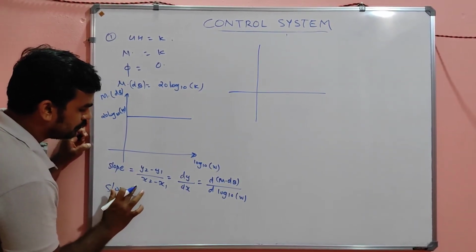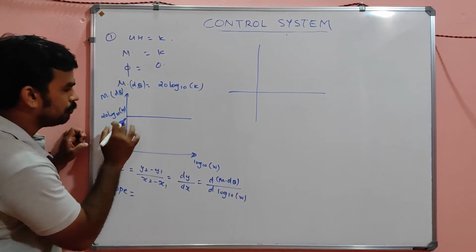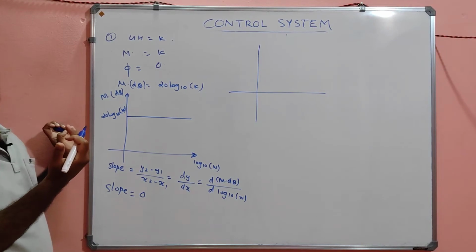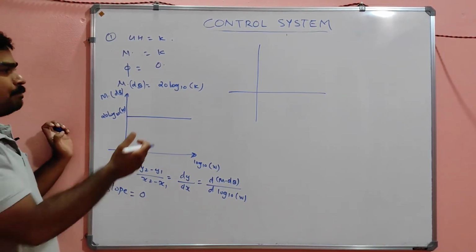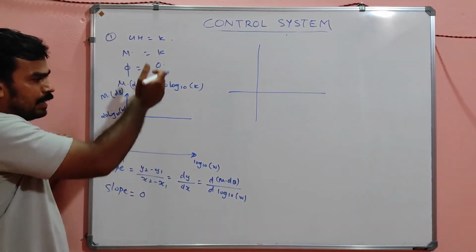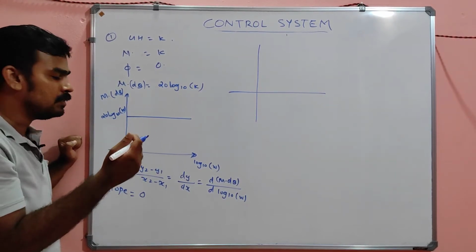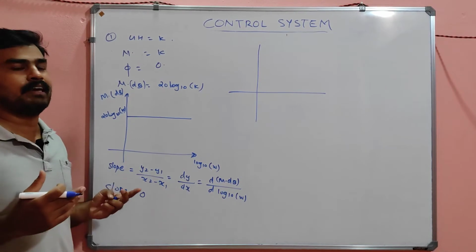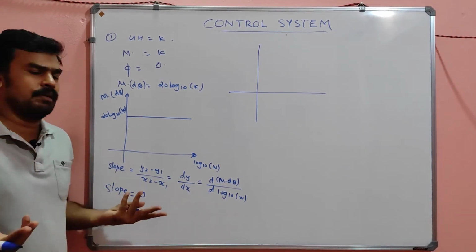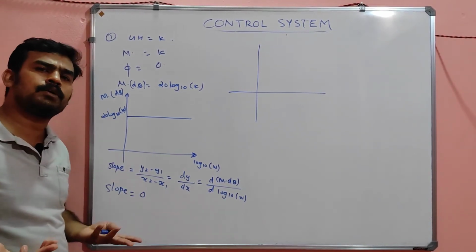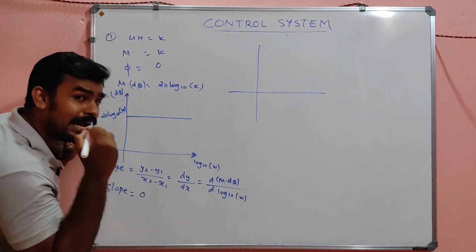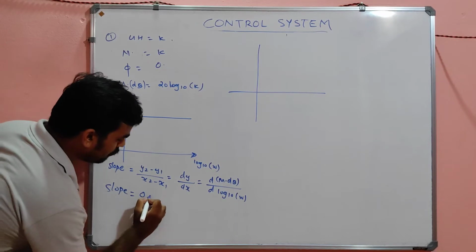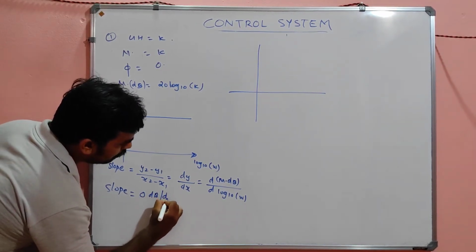There is no slope. It is a constant line, so there is no slope. Suppose the line is parallel to the y-axis, then slope will be infinity. Parallel to the x-axis means there is no change in y-coordinate, so 0 by something is nothing but 0. So the slope will be 0, and the unit of slope in this Bode plot is 0 dB per decade.